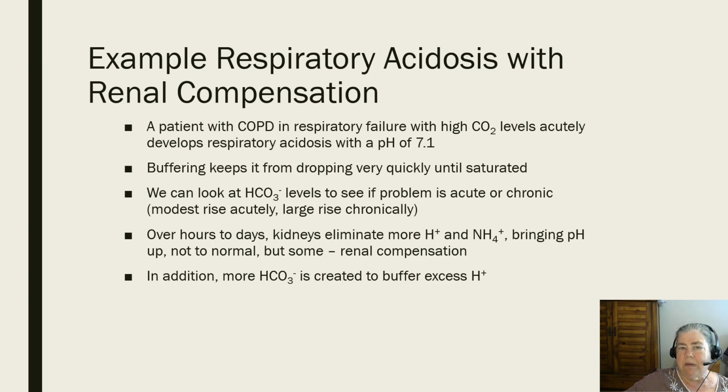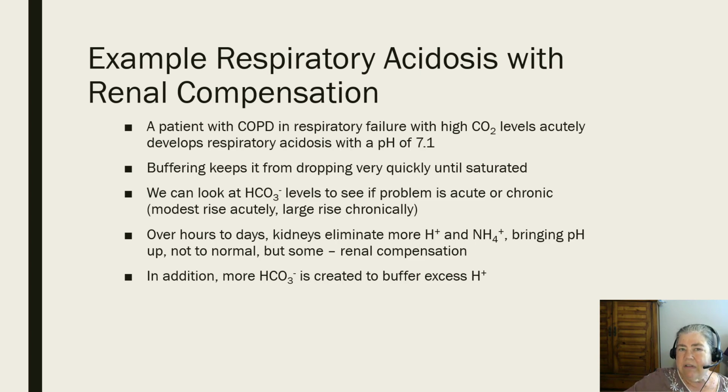So this patient has a pH of 7.1. It takes a while to get that low because of buffering. And we can look at bicarb levels in the lab to see whether this is an acute or a chronic problem, because when it's acute, you get a modest rise. Over time, chronically, you will get a larger rise in CO2 levels.